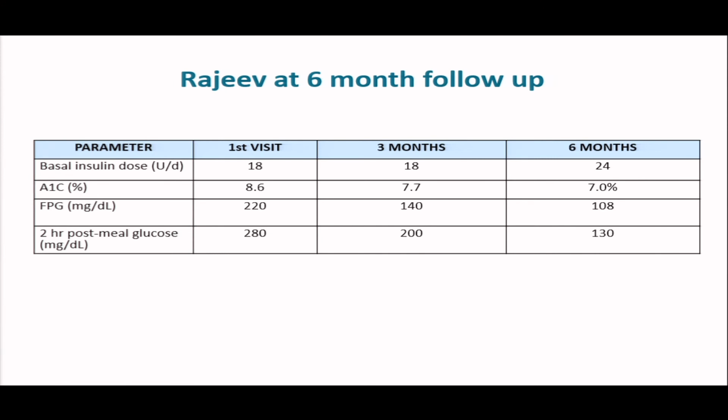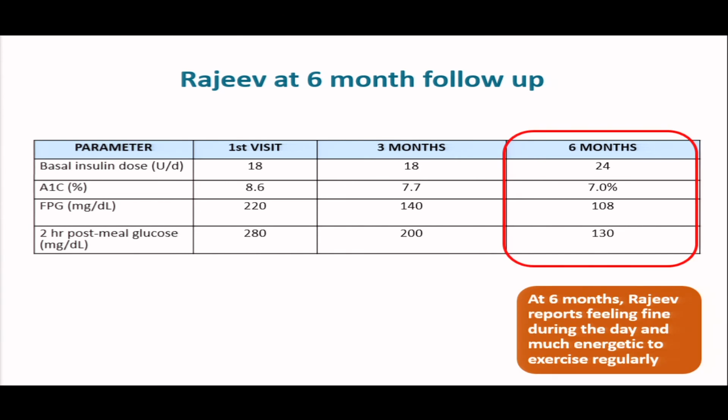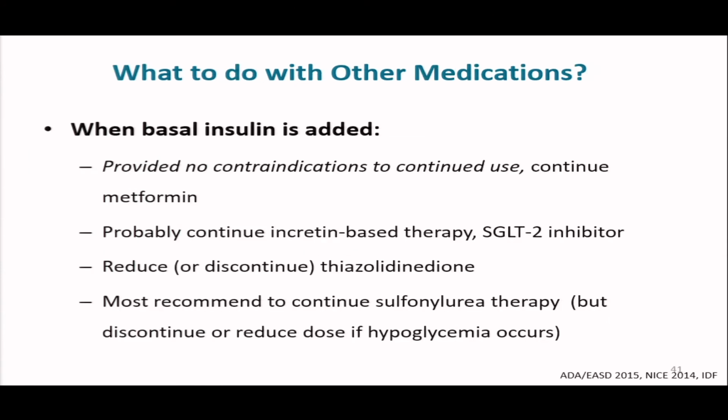So we see Rajeev at 6 months after we've titrated his basal insulin to 24 units once daily. His A1C is now 7% with the fasting at goal at 108, 2-hour postprandial at 130. Rajeev feels great and looks even better on paper. So what do we do with the other medications? When basal insulin is added, the beauty is that you don't need to necessarily immediately discontinue anything.